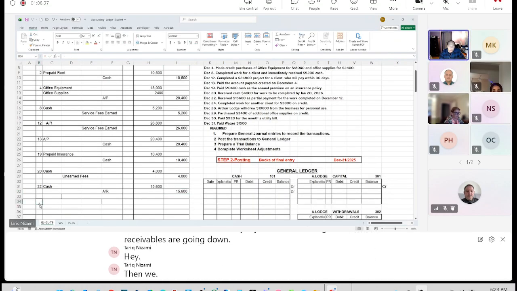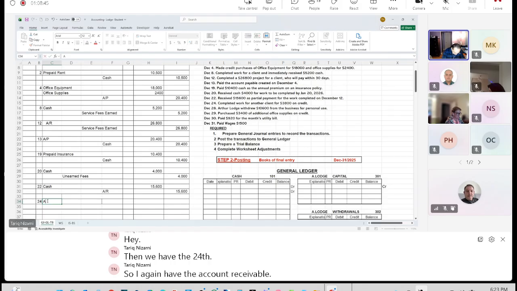Then we have the 24th. So I again have the accounts receivable. And how much is that for? 3,800.